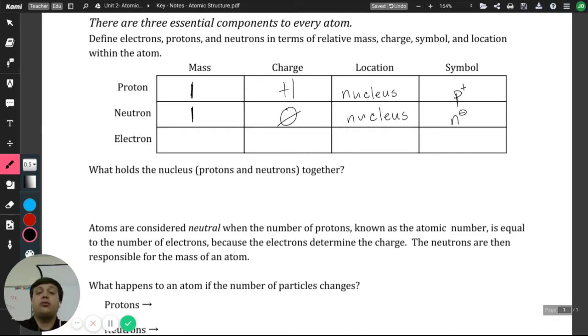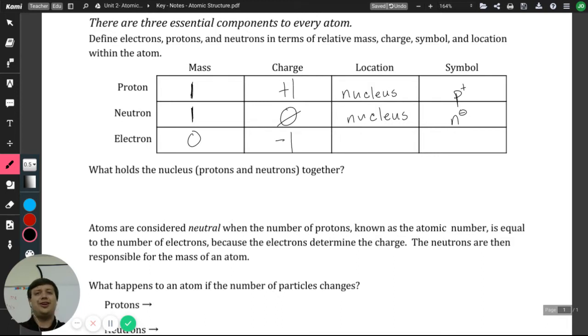Okay. The last one we have is the electron. Now, electrons are very, very, very tiny, much, much tinier than a proton or a neutron. And so their mass is actually relatively 0. Technically, there is some mass there, but for the purposes of, again, this class, you don't need to know that. So their mass is 0. Their charge is a negative 1. All right, so they're going to have that negative attraction, just like a proton has the positive attraction.